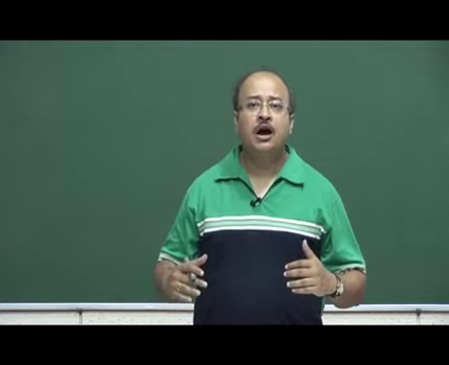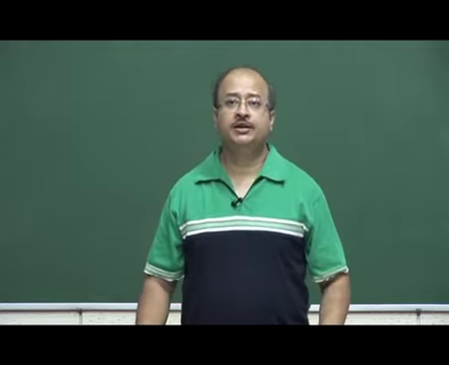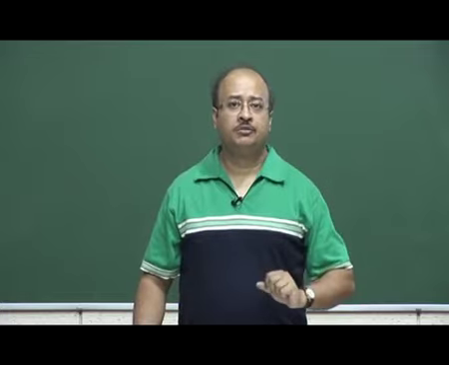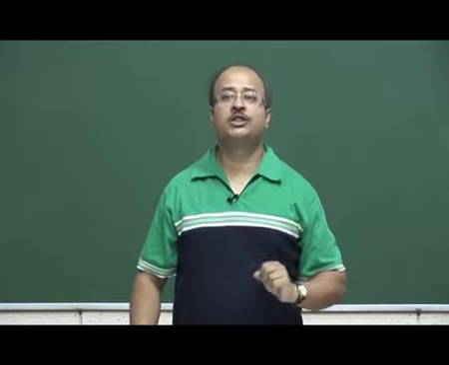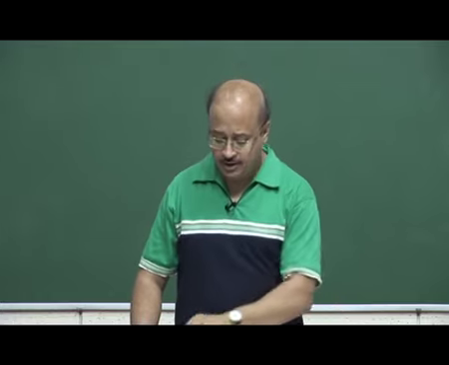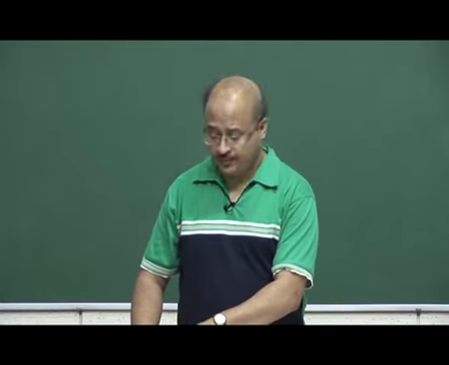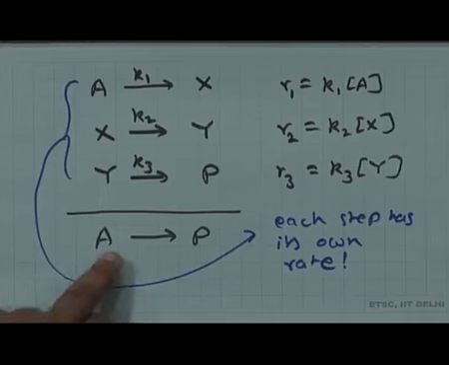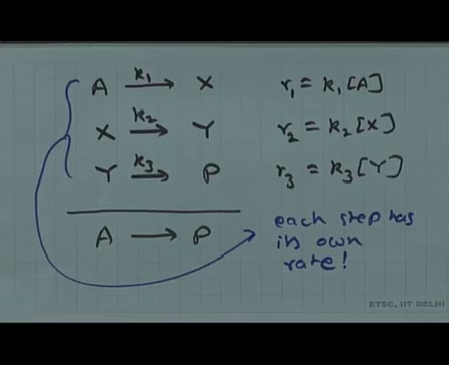Thus, there must be a proper way of deciding that this step, maybe step 1 or step 2 or step 3, will finally determine the overall rate of this transformation of A going to P.